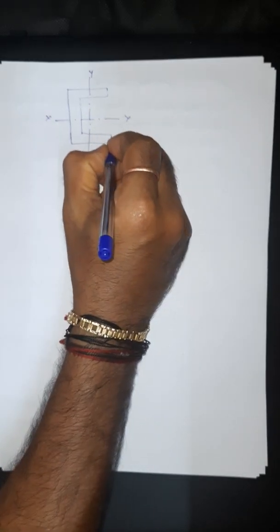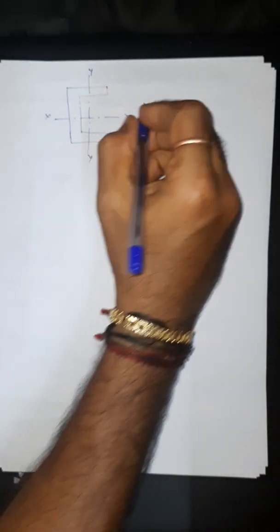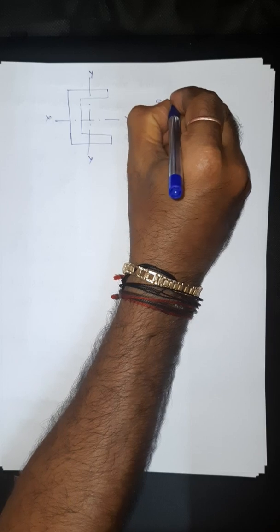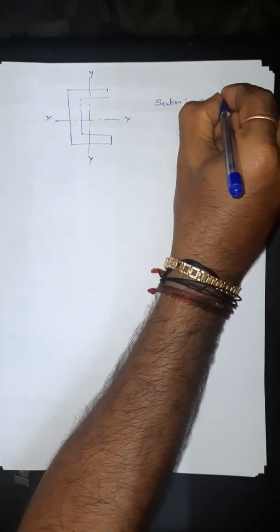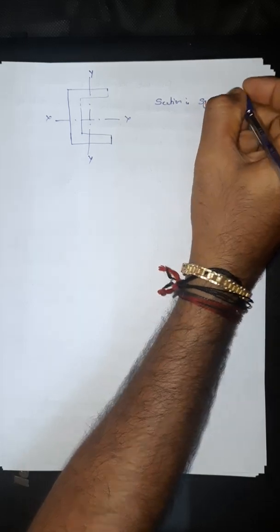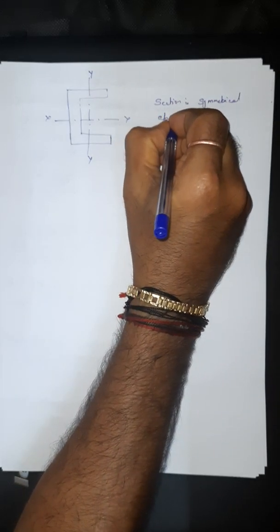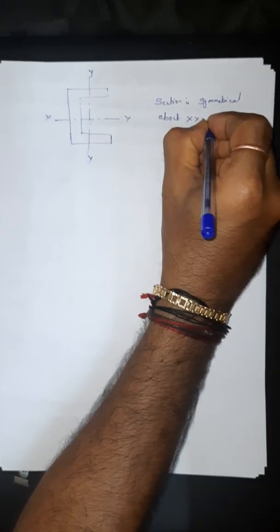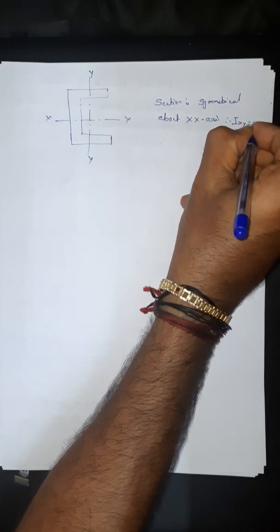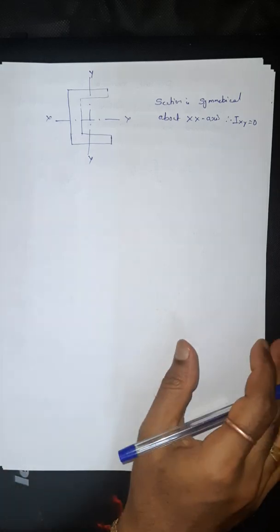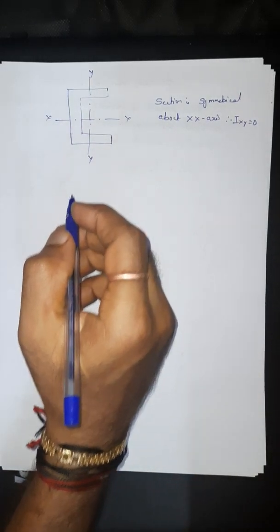Whereas yy is not symmetric. So the section is symmetrical about the x axis. Therefore, Ixy equal to 0. Got it?